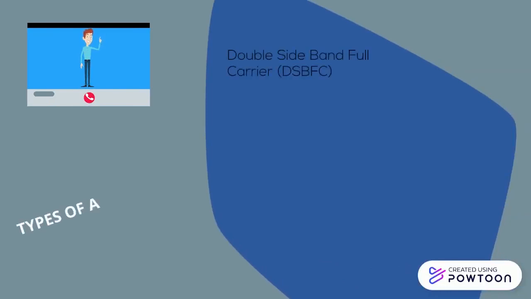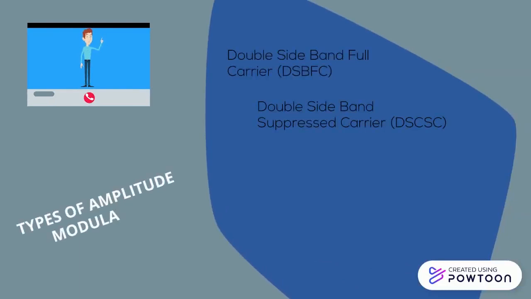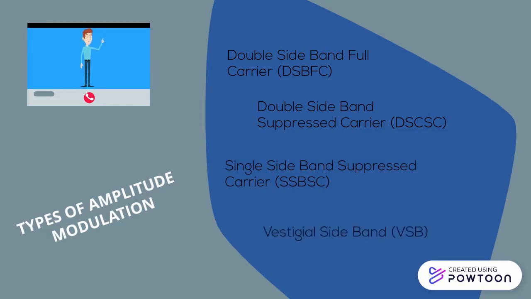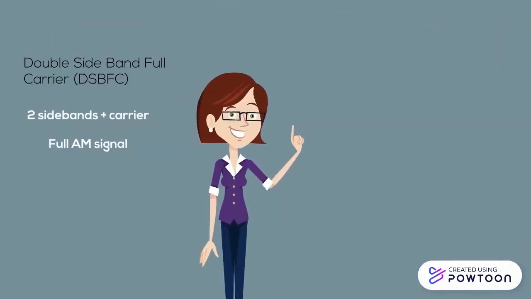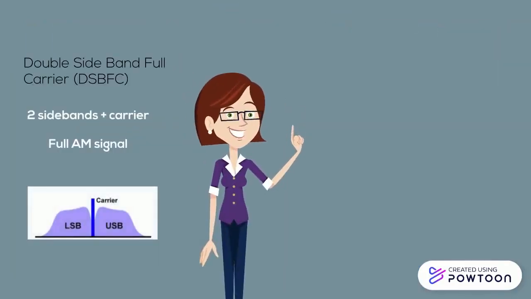The first one is double sideband full carrier. The second one is double sideband suppressed carrier. The third one is single sideband suppressed carrier. The fourth one is single sideband. And the last one is vestigial sideband. So the first one is the DSBFC, which stands for double sideband full carrier. It has two sidebands and a carrier, as you can see in the picture below.